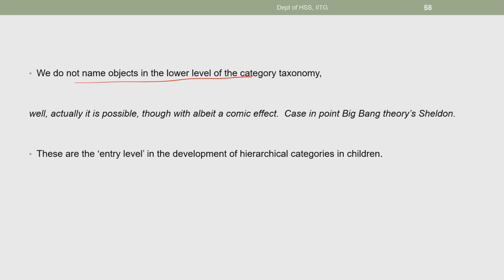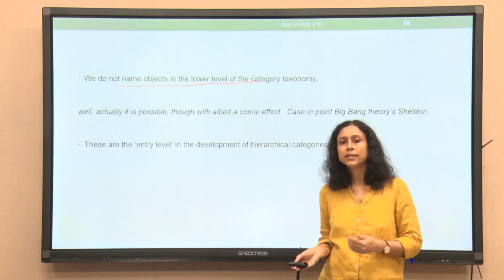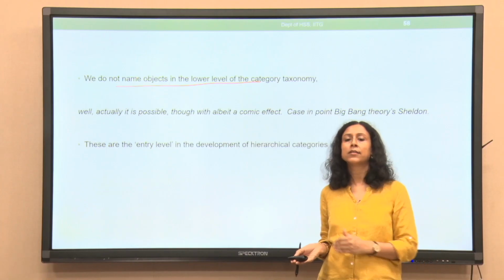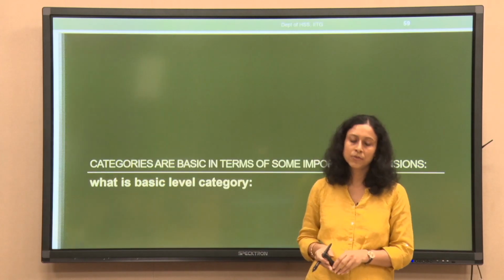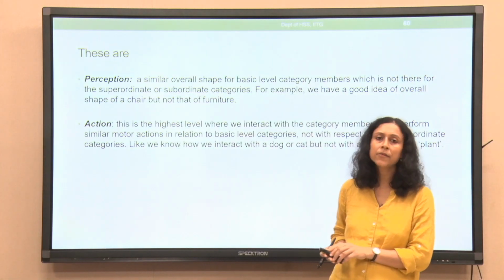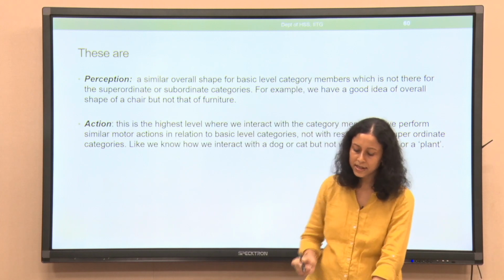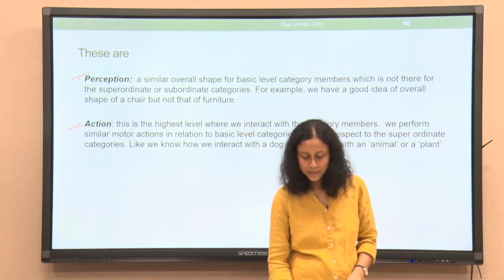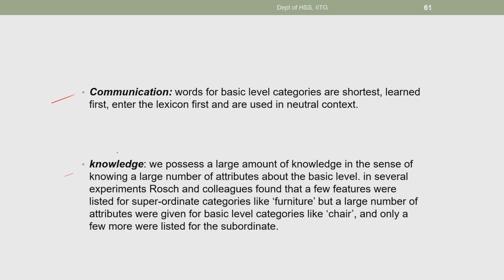This is also basic in terms of how children learn a category. When children are learning about a category, they do not learn at the highest level or at the lowest level. The entry point of learning a category is also the mid level. So, what do we mean by being basic is that they are basic in terms of perception, in terms of action, in terms of communication as well as knowledge.